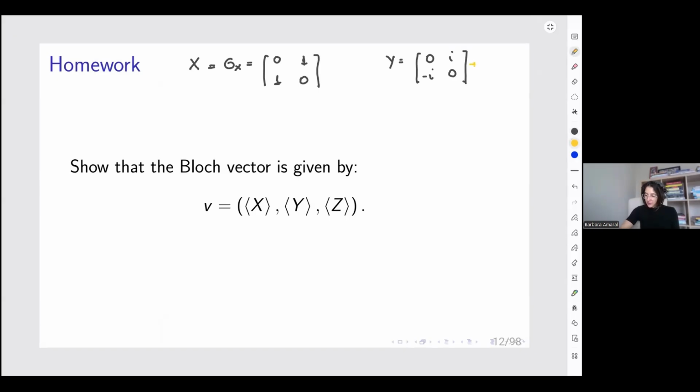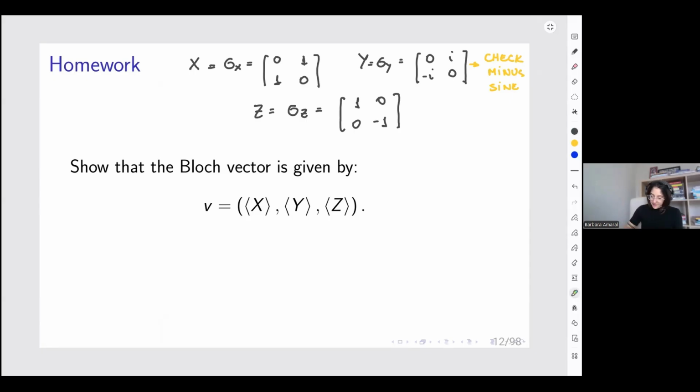So another homework: check the minus sign. It makes a difference, okay? So if I'm wrong here, correct me. And it's also represented as sigma Y and Z. So it might be the case that this minus sign is in the other entry, okay?